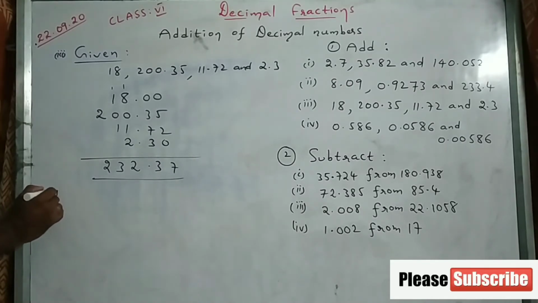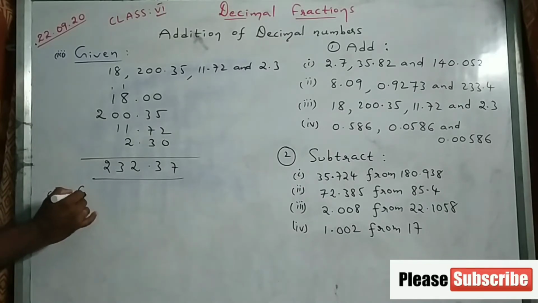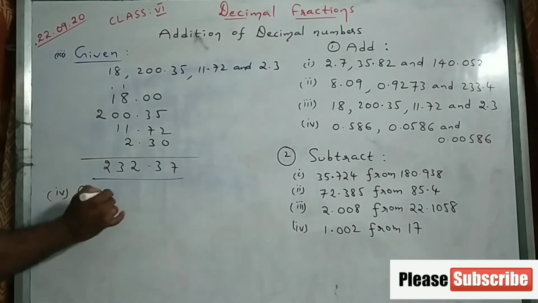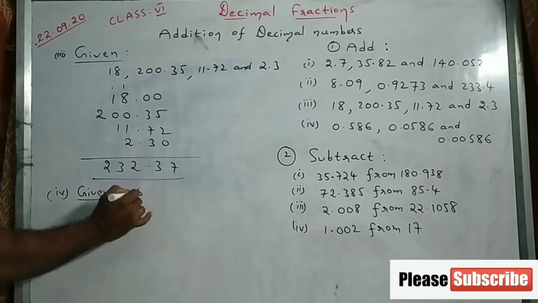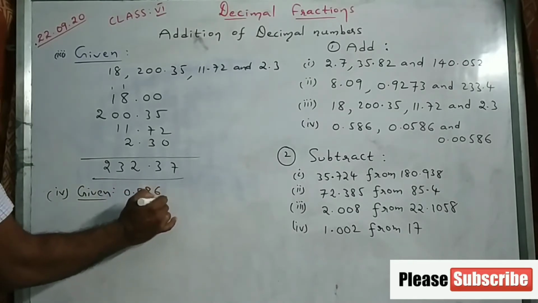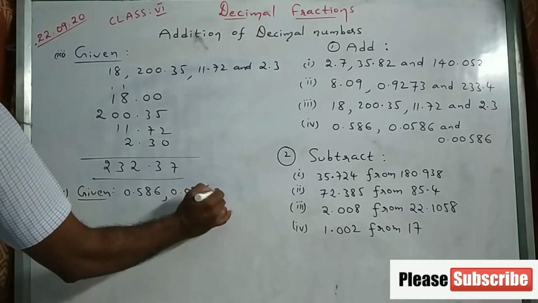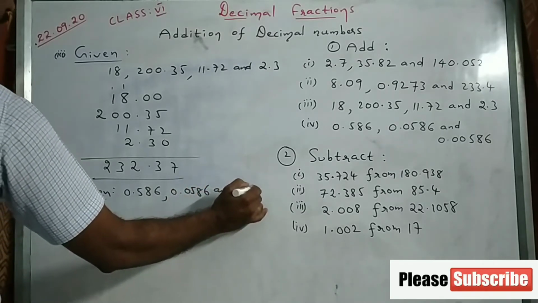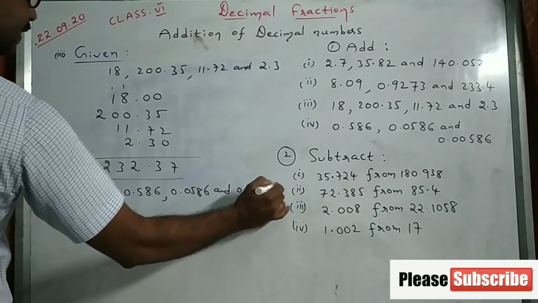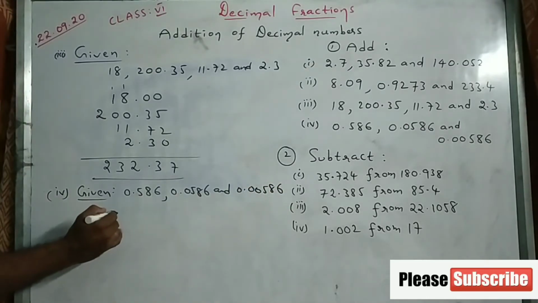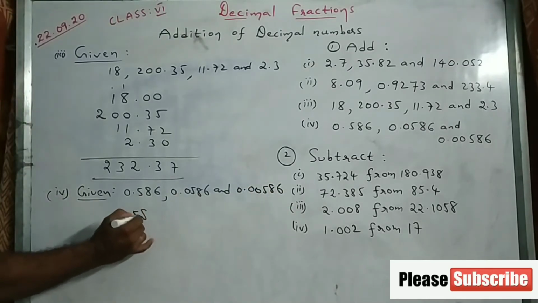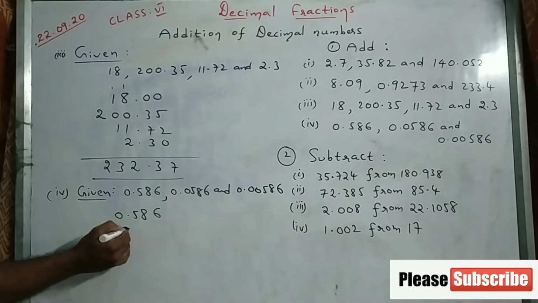Fourth one, given 0.586, 0.0586 and 0.00586. Okay, first write 0.586, keep the decimal.